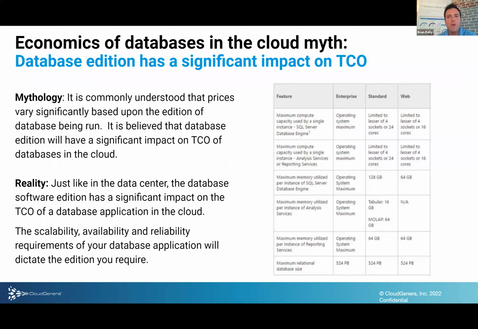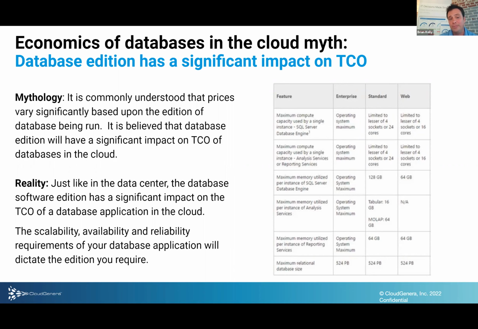Now, let's unpack another myth of cloud. Database edition has a significant impact on TCO. It's commonly understood that prices vary significantly based upon the edition of the database that you're running. This is not unique to one database software platform versus another. It is believed that database edition will have a significant impact on TCO of databases in the cloud.